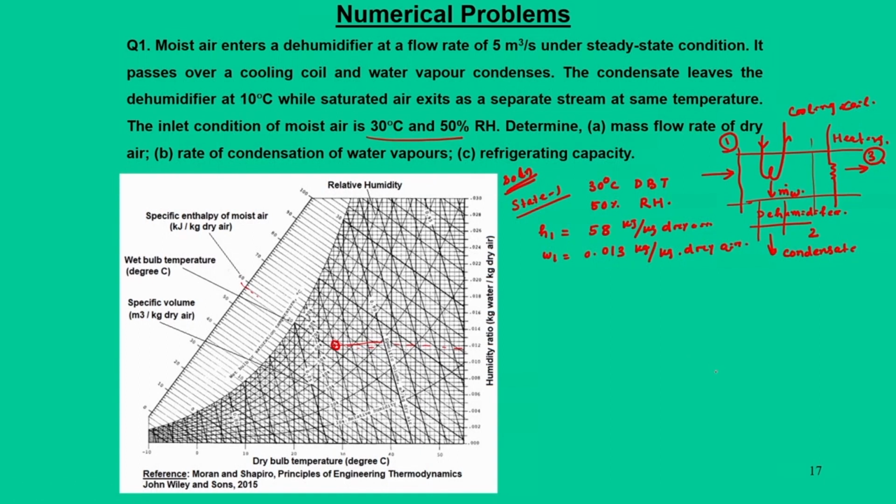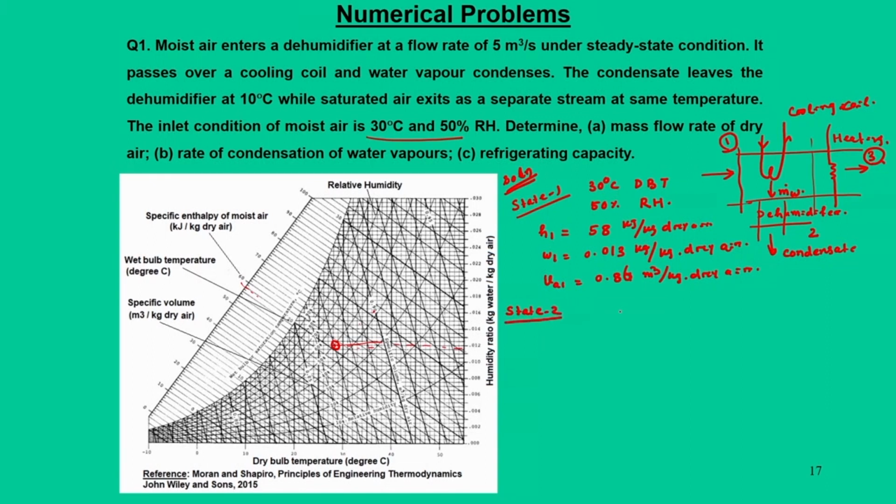So, we know this state, and of course, we can find the specific volume, something like 0.87 meter cube per kg dry air.